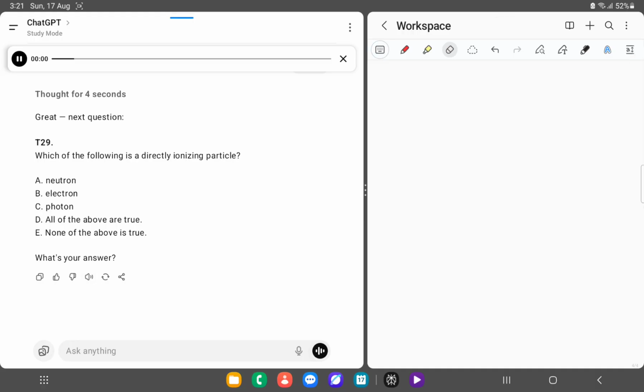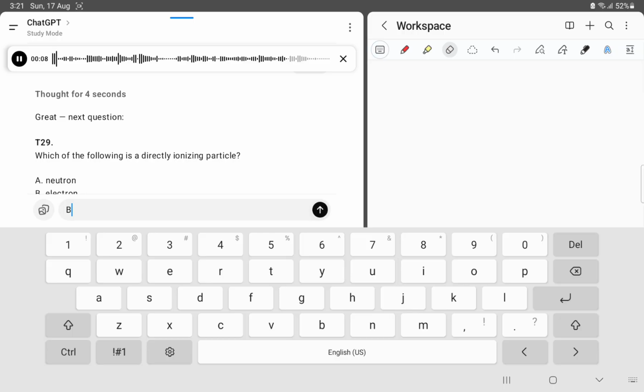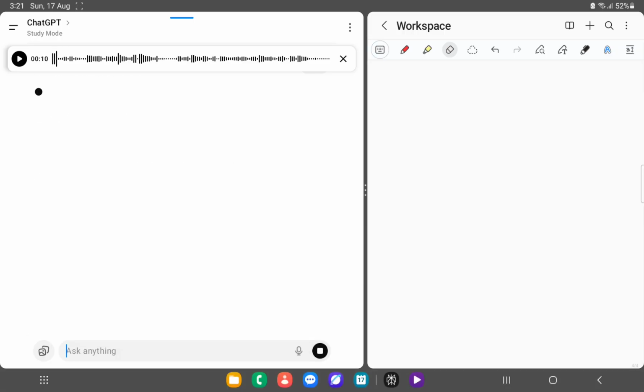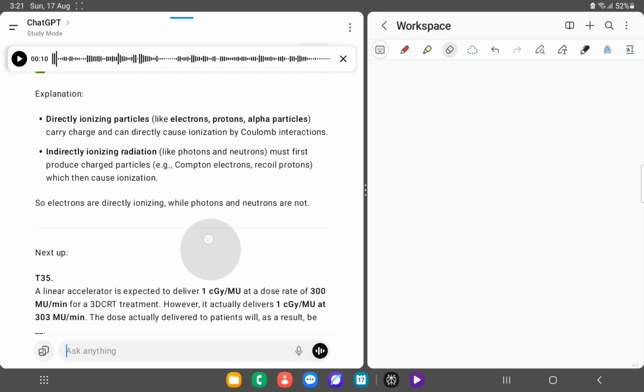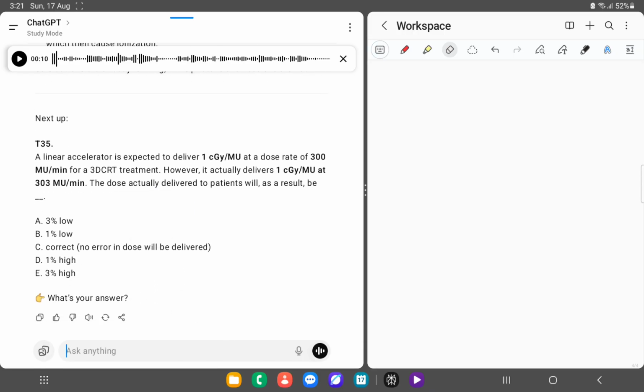Great. Next question. T29. Which of the following is a directly ionizing particle? A, neutron. B, electron. C, photon. D, all of the above are true. E, none of the above is true. Correct.